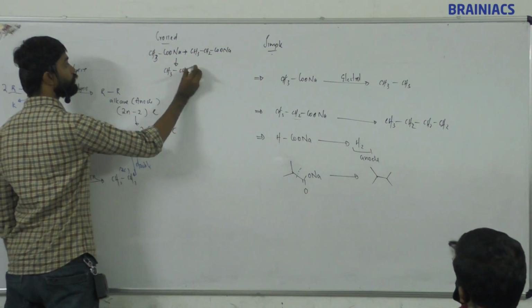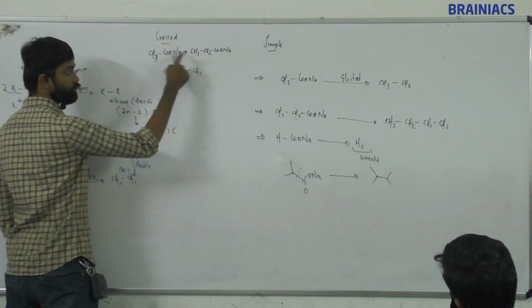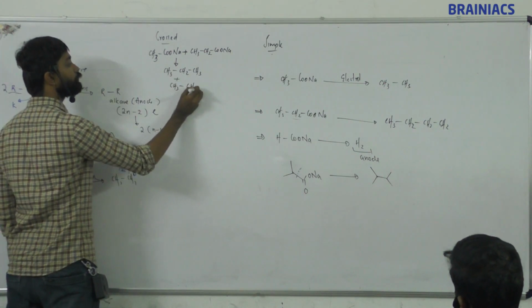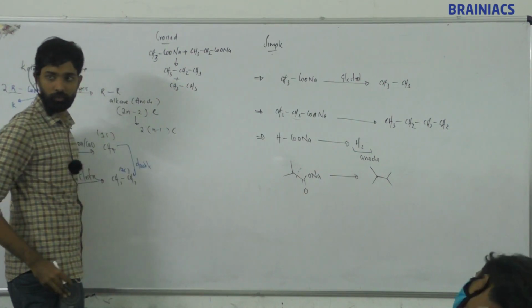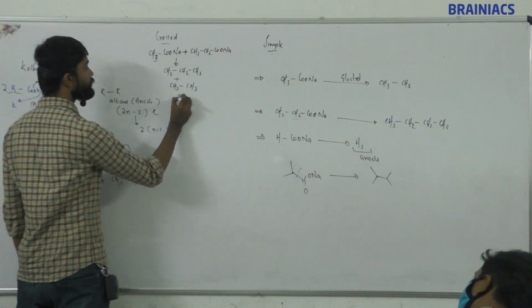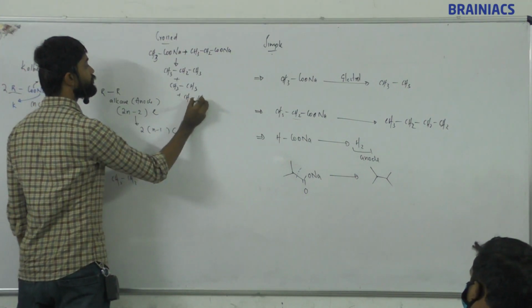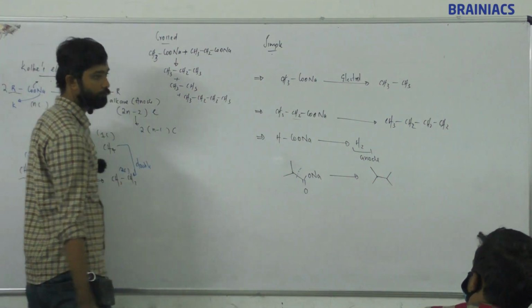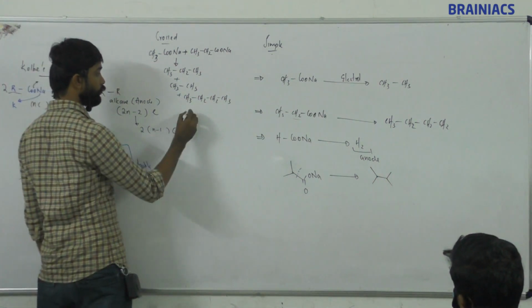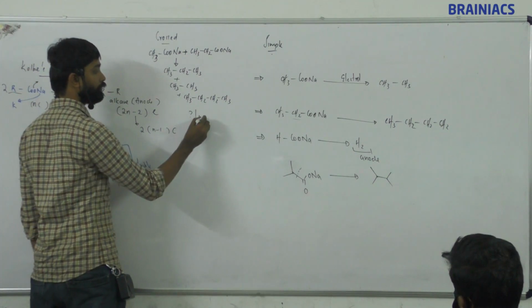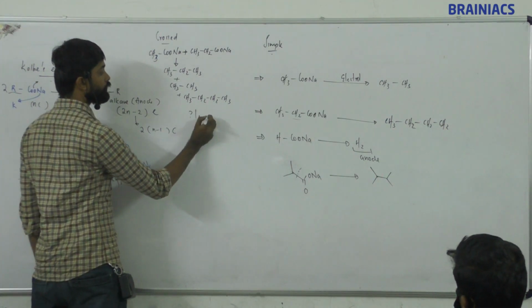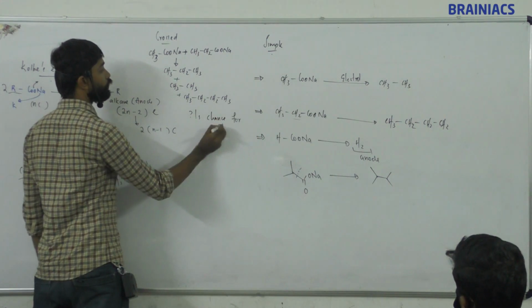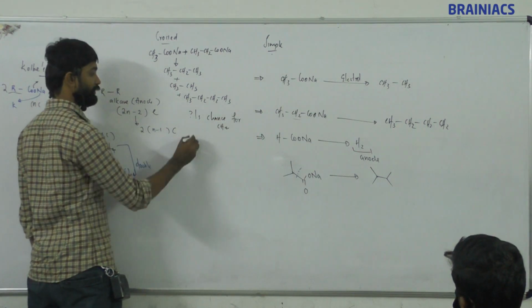CH3-CH3, CH3-CH2-CH3, and CH3CH2-CH2CH3, just like your Wurtz reaction. Is there any chance for making methane using Kolbe electrolysis? Yes.